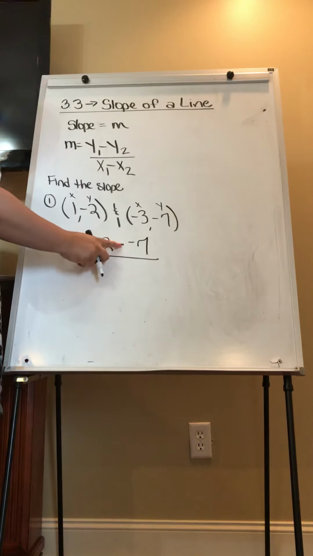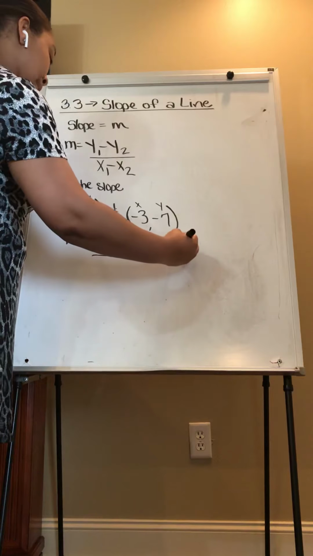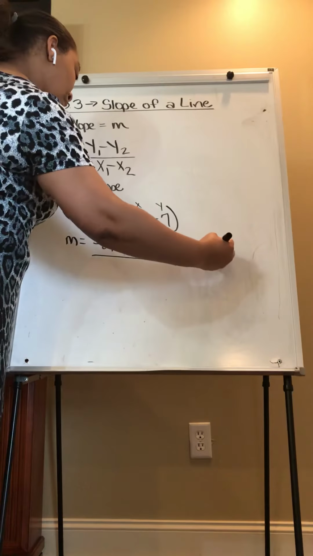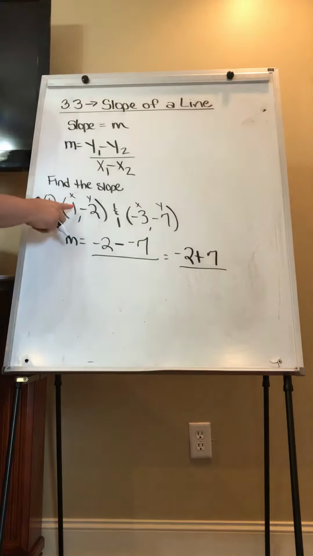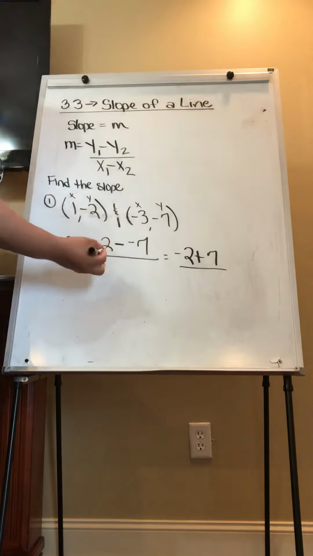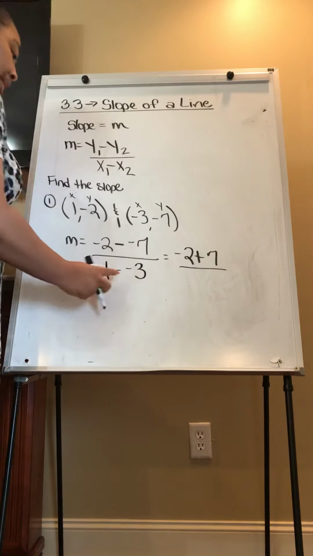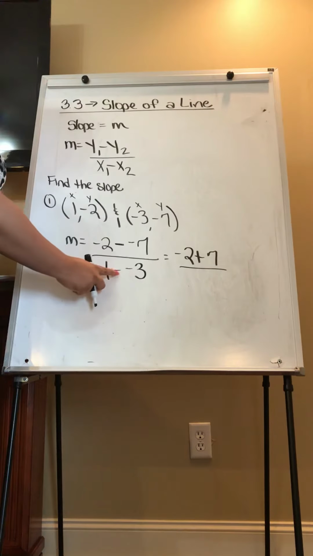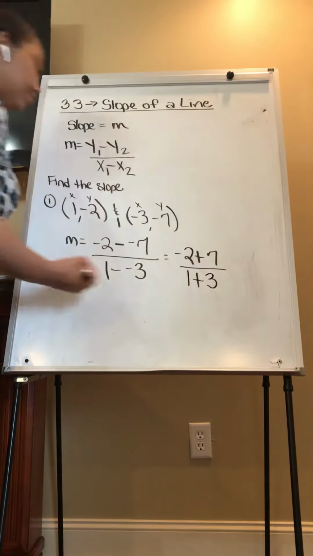Now remember our operations. 2 negatives will end up making that a plus. So you might want to go ahead and put that's -2 plus 7 on top. On the bottom we have our x's, 1 minus a -3. And the same thing, those 2 negatives will make that become a plus 3.